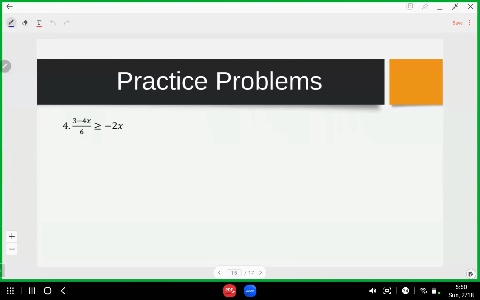I solved this by taking one number and just testing it, and then I came to the conclusion that x is bigger than that. So you didn't really solve it.